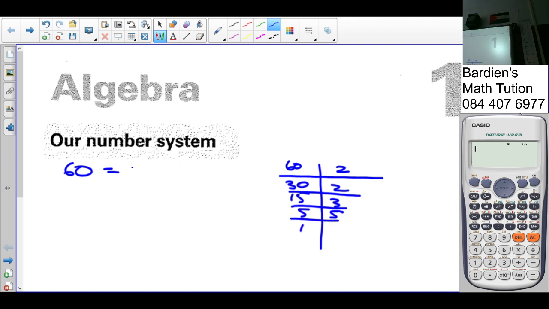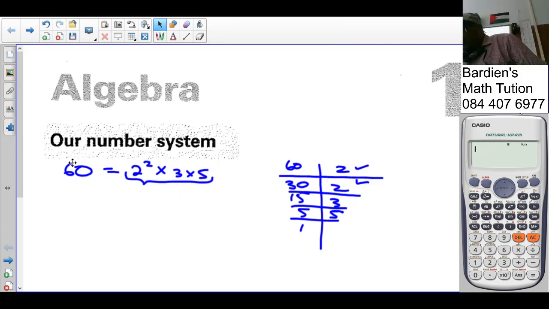So 60 can be written as 2, there's 2 2's, there's 2 squared times 3 times 5. And this is products of its prime factors. Okay? We did this extensively in grade 8. Okay?